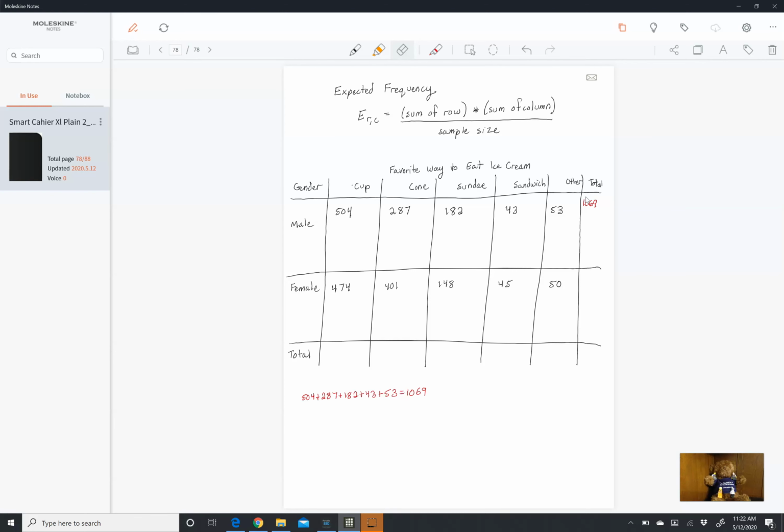We take the total of the top row. Then we take the total of the bottom row. So 474 plus 401 plus 148 plus 45 plus 50. You don't have to always write all of this. I'm writing all of it so that everybody could follow along. Okay, and what we got here is 1128.